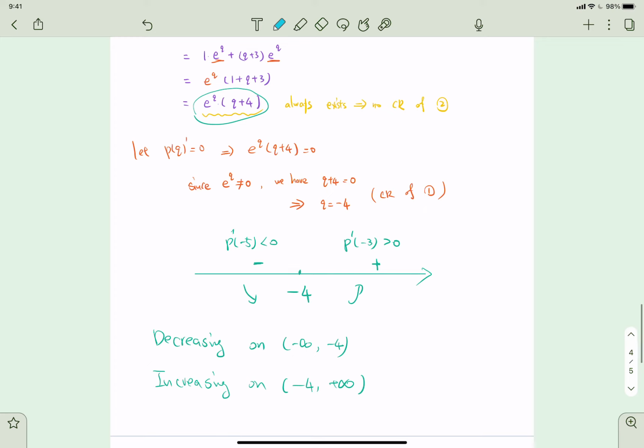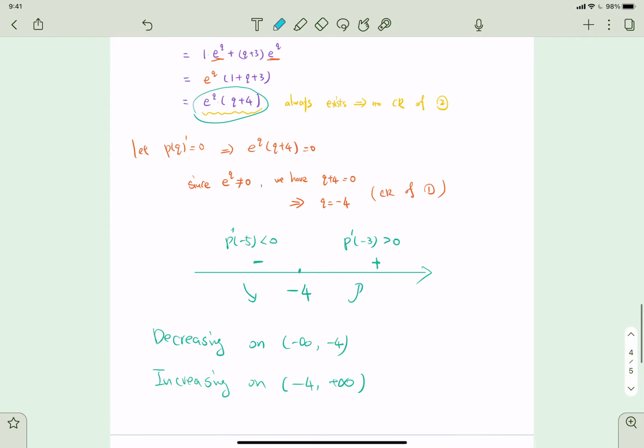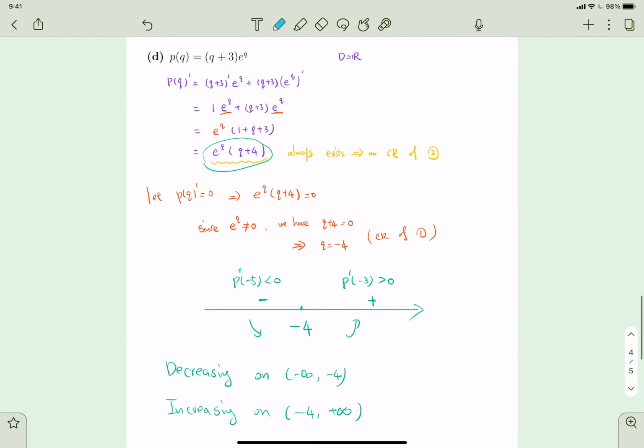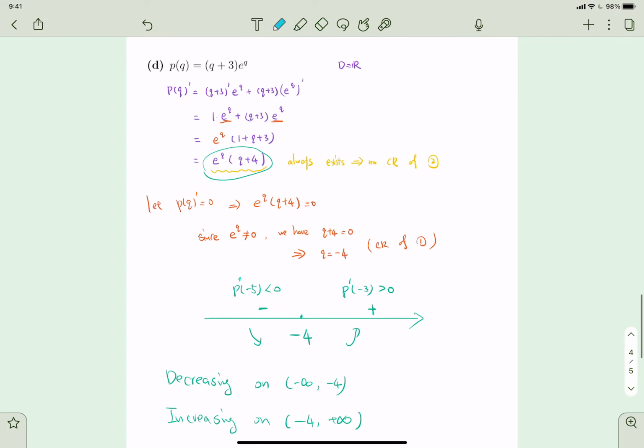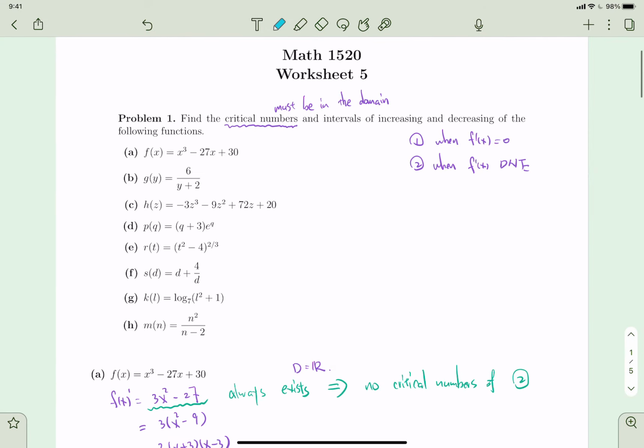And that is our only critical number, because there is no critical number of the second type. Okay? It should be very similar to the previous questions, except for the product rule we use and the exponential function we've seen here. So let's move on, continue to question E.